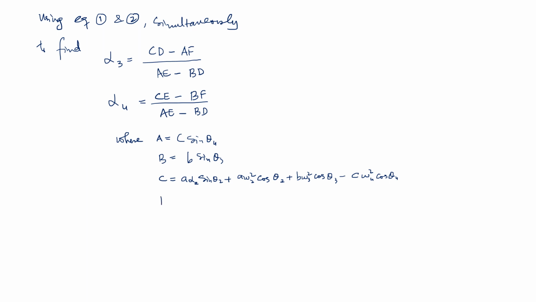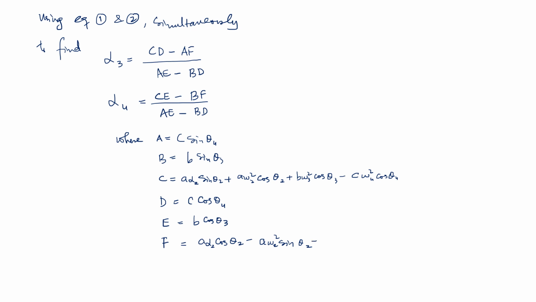And then you have D equal to c cos of theta 4, and then you have E equal to b cos of theta 3, and then you have a longer expression for F, which is equal to a alpha 2 cos of theta 2 minus a omega 2 squared sine of theta 2.